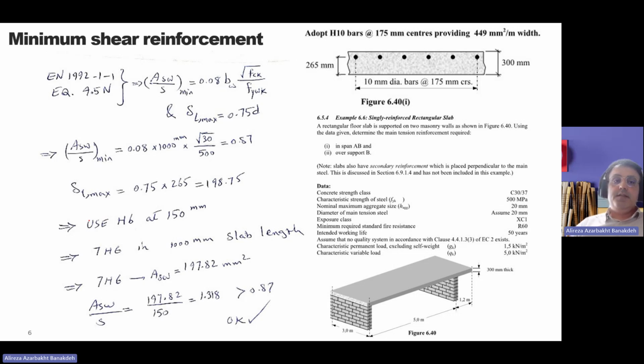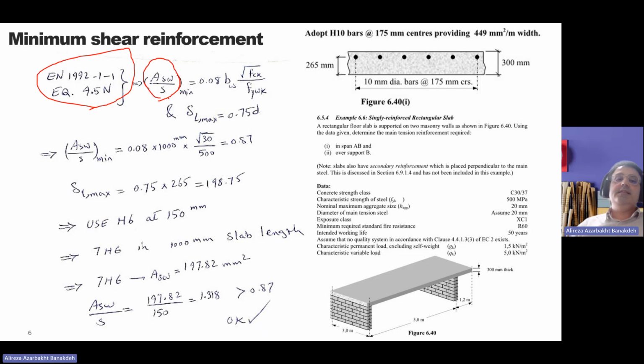So this is the calculation for the minimum shear reinforcement based on equation 9.5N from Eurocode 2, and the minimum ASW over S. ASW is the shear reinforcement area, and S is the spacing between them.